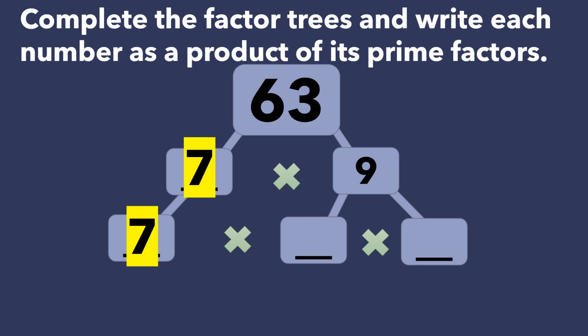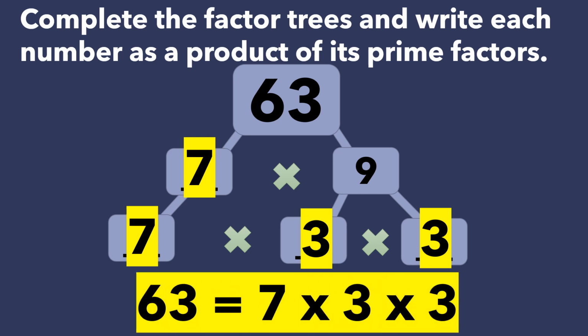Let us factor it out. What are the two numbers being multiplied? The answer is 9. Correct. It's 3 times 3. So now the prime factorization of 63 is equal now to 7 times 3 times 3 or 3 times 3 times 7.